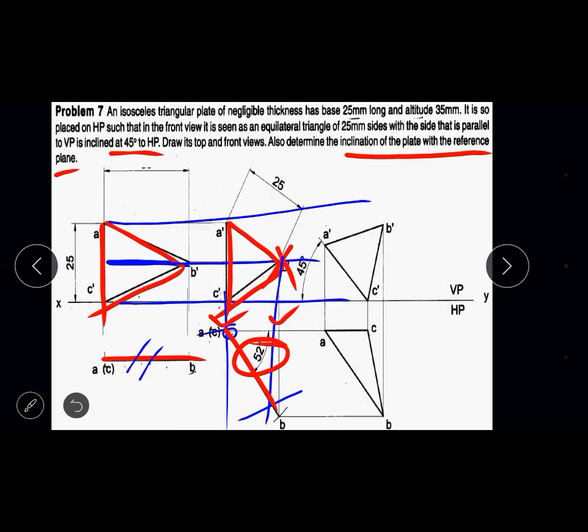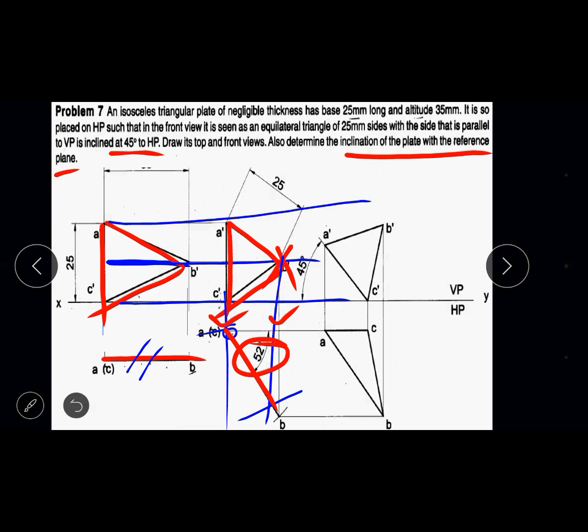So if you do it in reverse, if you rotate the isosceles triangle to an angle of 52 degrees with reference to the vertical plane, the resulting irregular lamina, you will get it exactly in the form of an equilateral triangular lamina.